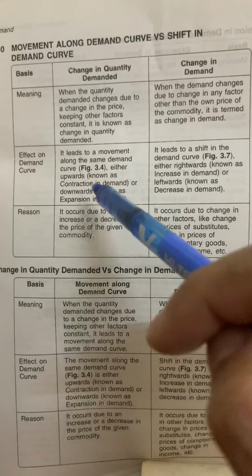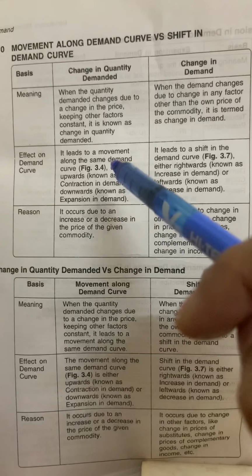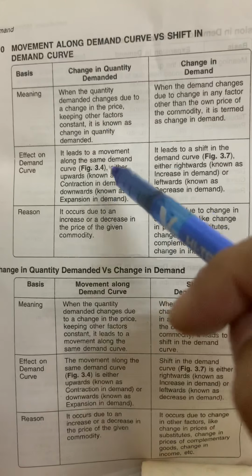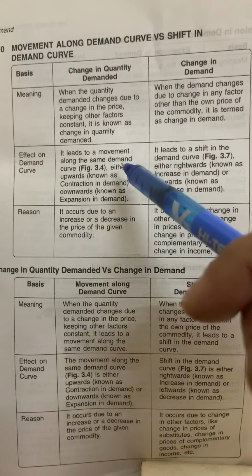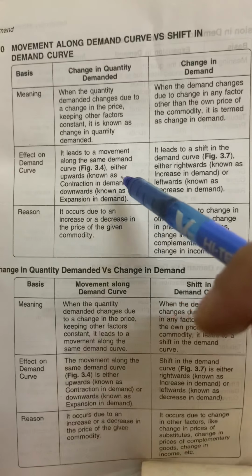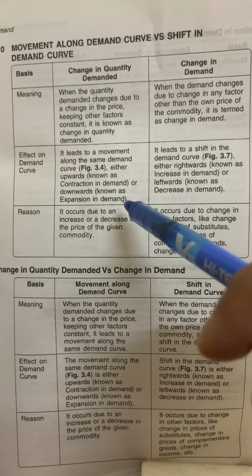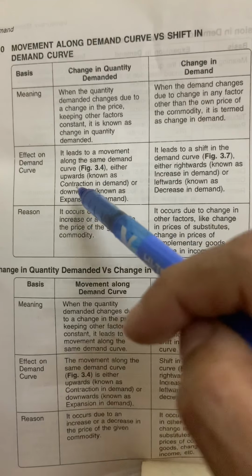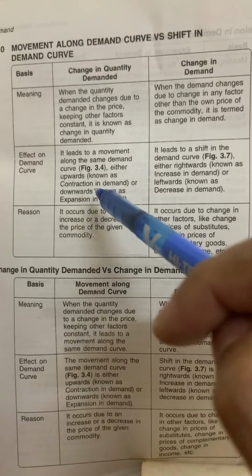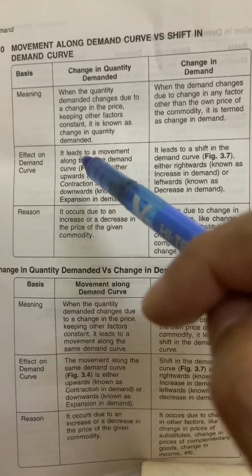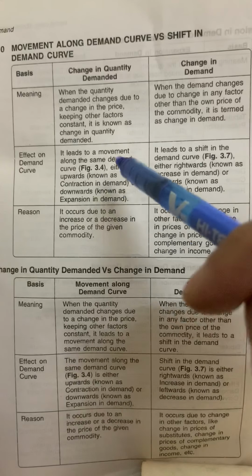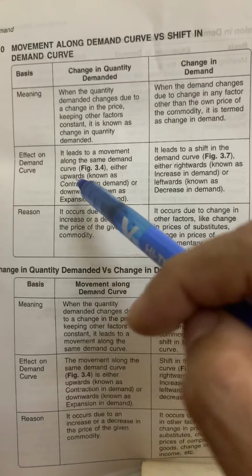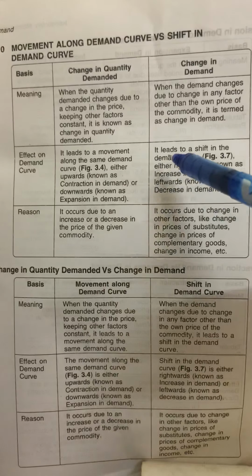And expansion in demand is when the price of the commodity falls and demand of the commodity rises, it is known as expansion in demand. And demand curve here will move downwards in case of expansion in demand. And in case of contraction in demand, demand curve will move upward.